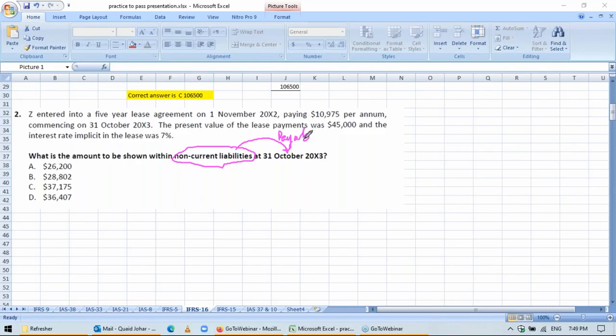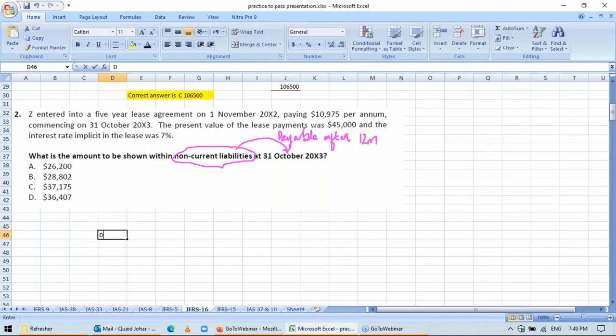But we want the amount payable after 12 months of this date. So let's calculate the amount that will be paid after 12 months of the reporting date. Let's make a working.